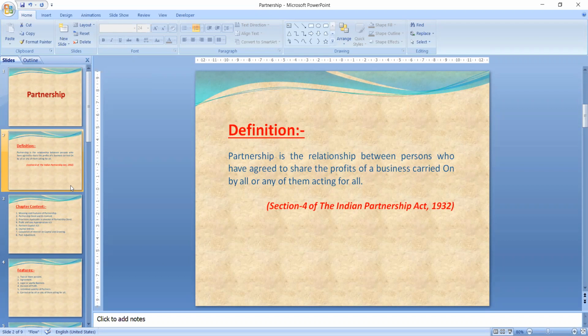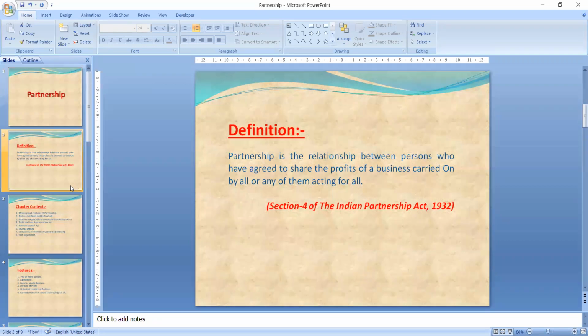Do you know what is Partnership Act 1932? What is an Act? It's an act that says there has to be a partnership deed between two people that form a business.